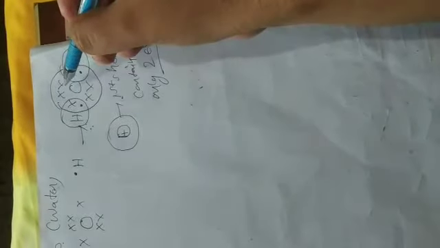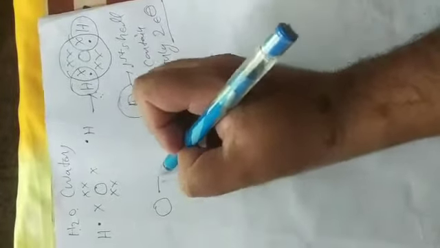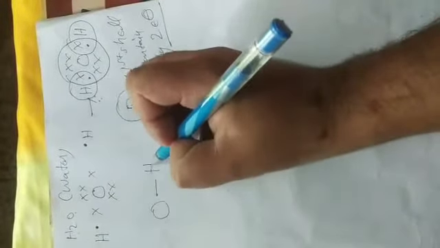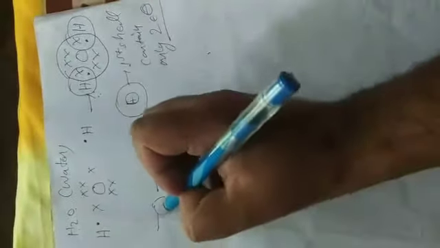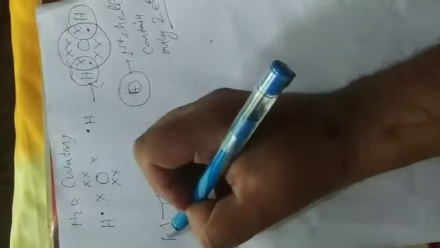So in this, hydrogen has 2 electrons and oxygen has 8. In this case only 1 electron pair is shared, so only a single bond is represented between oxygen and hydrogen. So the structure of H2O is represented like this.